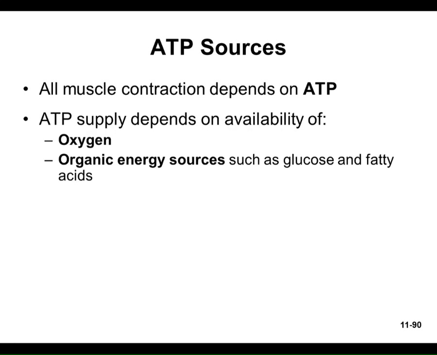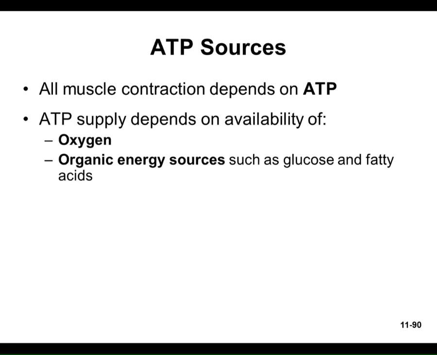How do our muscles get energy? So now we're going to talk about the different energy sources for muscle. Clearly we need ATP. We've got to get it. But where do our muscles get the molecules to make the ATP? So what does one need to make ATP? Oxygen and a carbon source.